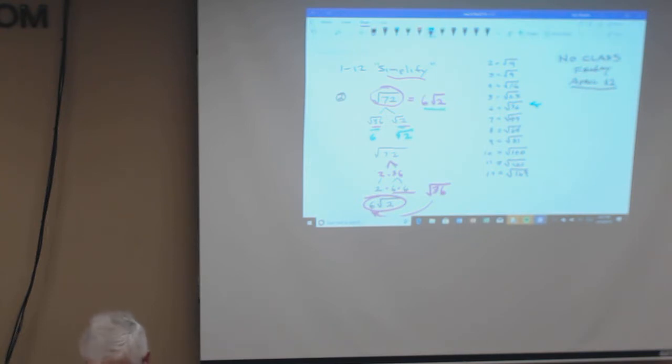Now, I need to ask you a question. Does the square root of 72 equal 6 times the square root of 2? Does that make sense in your little heart of hearts? No, it doesn't. So working with radicals, you're going to get answers that don't quite feel right. Just deal with it and recognize that you've done the work right.